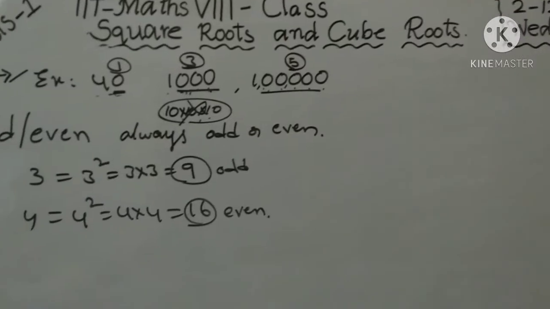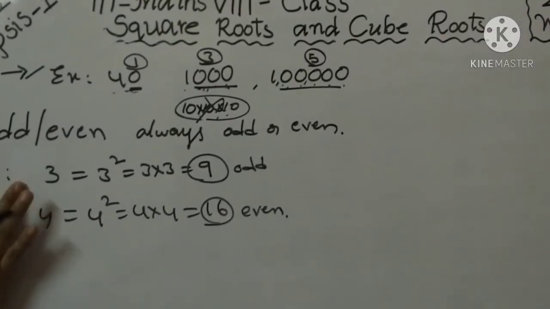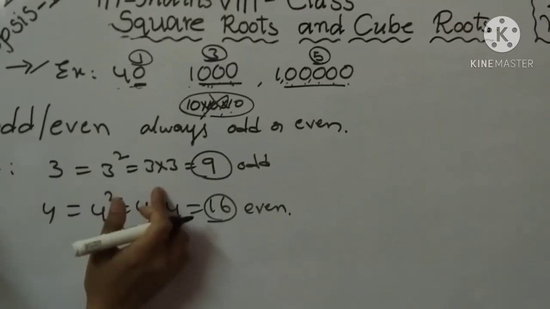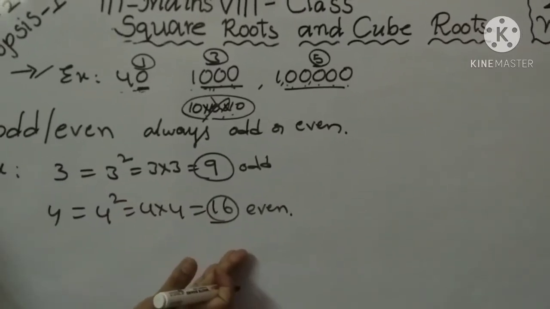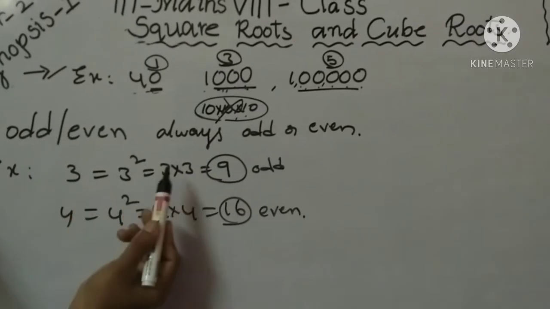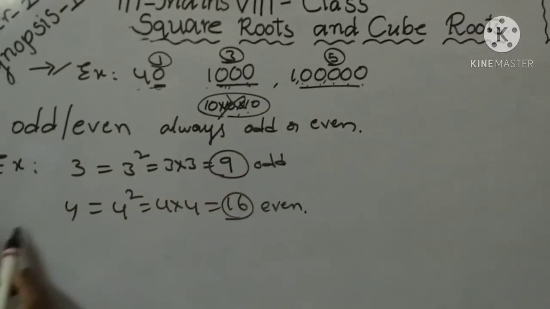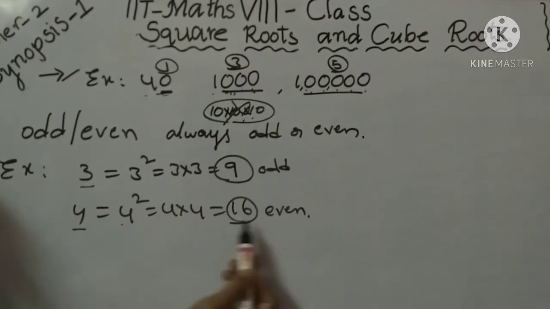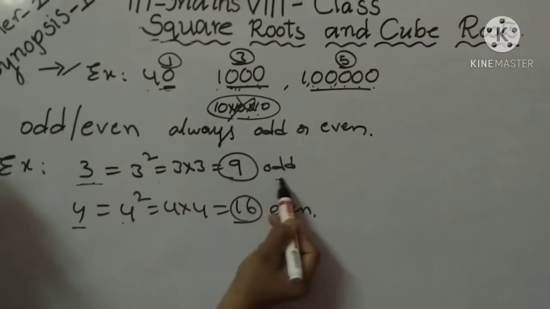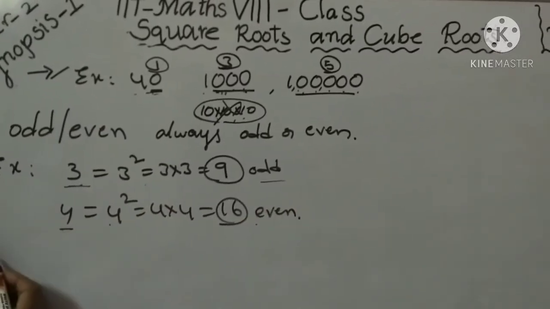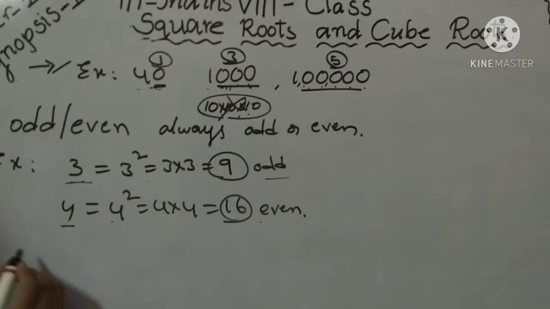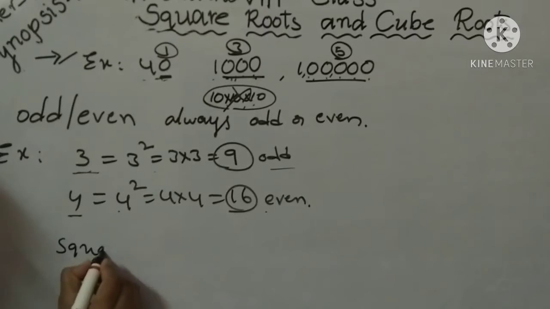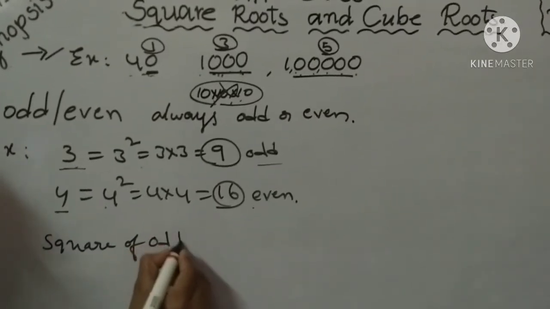Did you understand, children? You take any type of number, odd or even. 3 is an odd number, 4 is an even number. The square of an even number is an even number. The square of an odd number is an odd number.